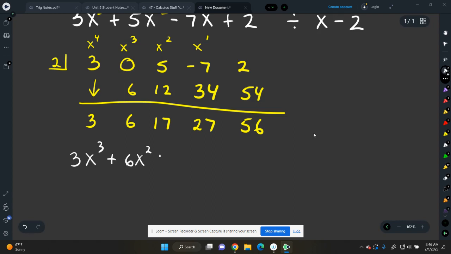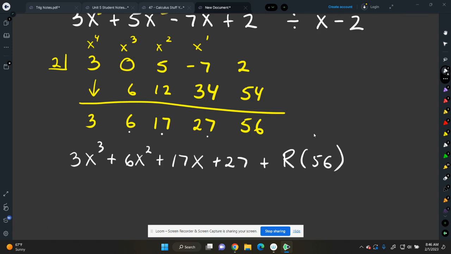And then we have 17x. We just keep going down. If we start to the 3rd, then we just keep going down. This is to the 2nd, to the 1st. Okay. So then it'd just be 27. And then plus the remainder. Good. Okay. So that's what we get.